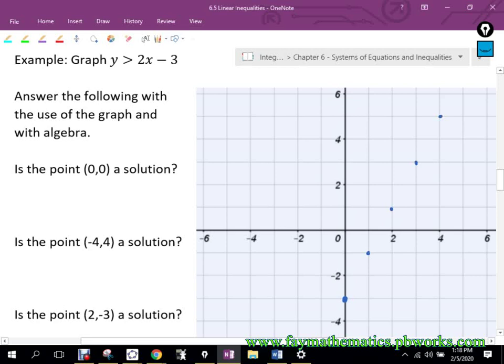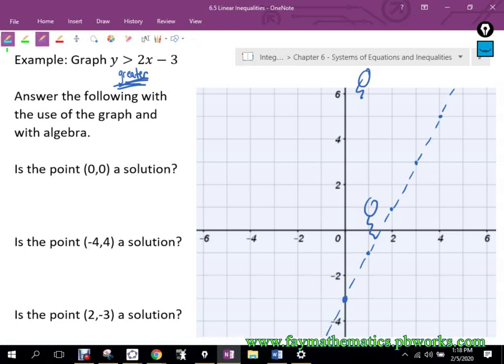And now you said it's a dotted line, right? And again, this says y is greater. So greater means, I drop this guy on, it's going to stand right there. Y greater than means shade on top, correct?